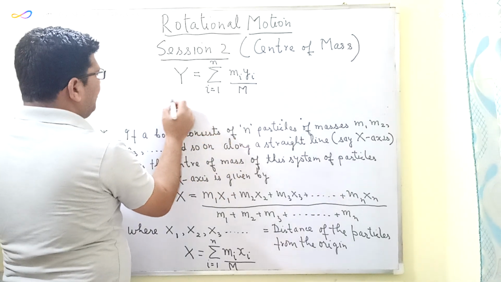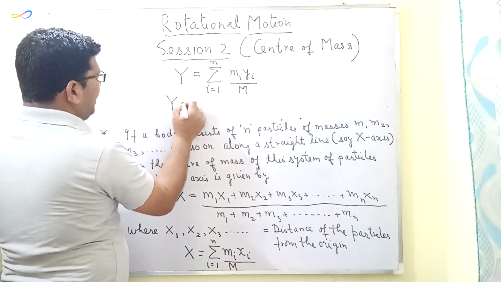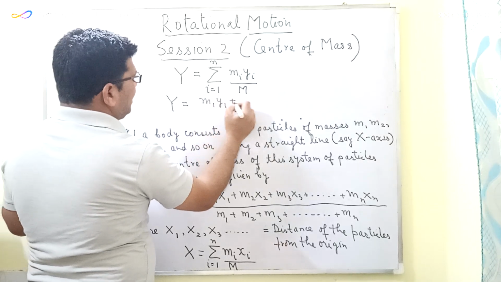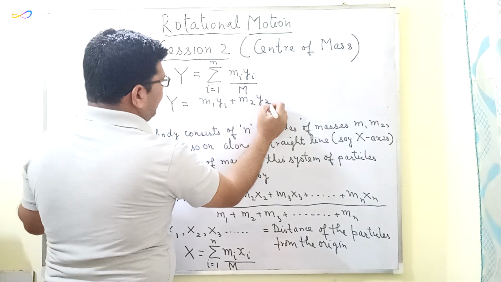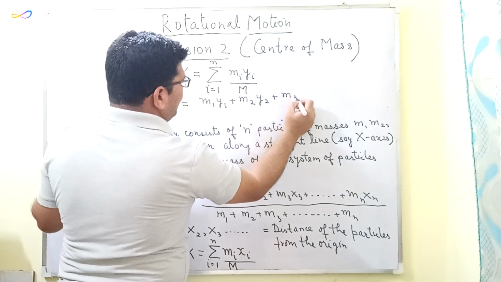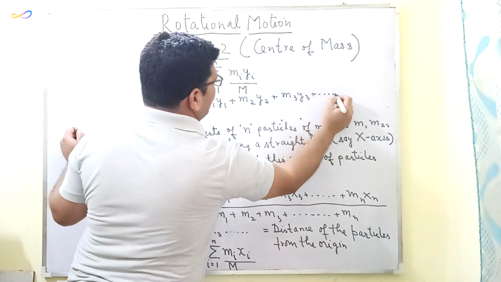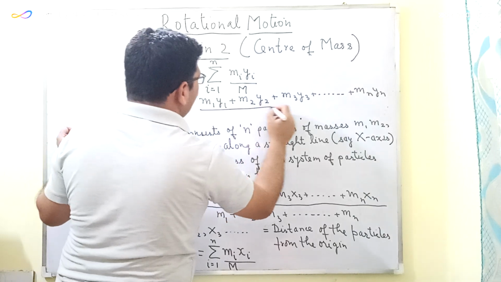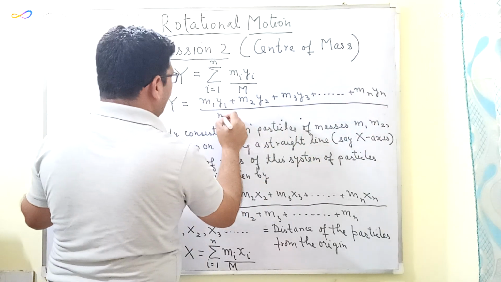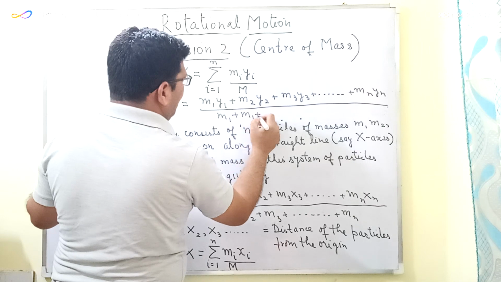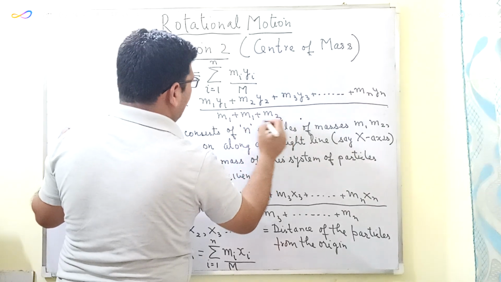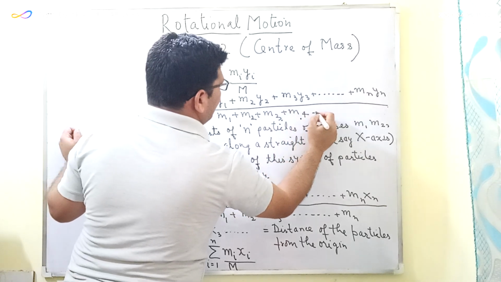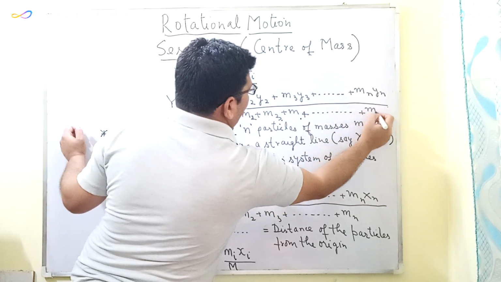Or we can also write this equation as y equals m1y1 plus m2y2 plus m3y3 up to mnyn, divided by m1 plus m2 plus m3 plus m4 up to mn.